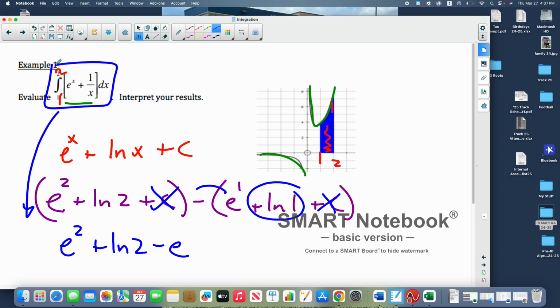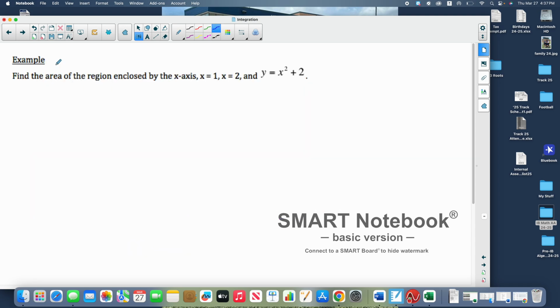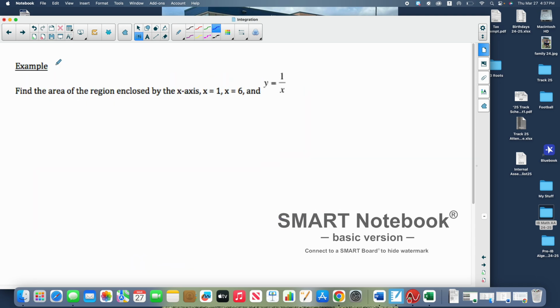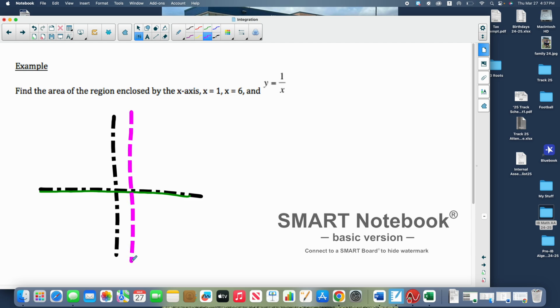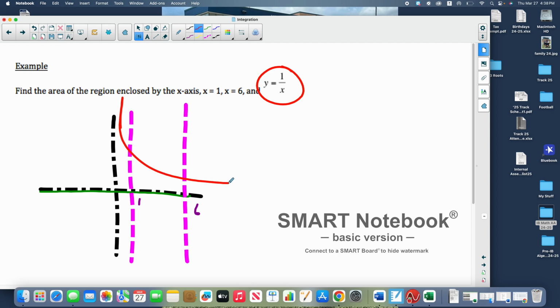Okay, I want to do one last one here. This is the last one I'm going to end on for the day. I'm going to skip that one in the middle and talk about this one. All right, on this one right here, it says find the area of the region enclosed by the x-axis. This is worded slightly different. So I'm going to enclose with the x-axis, the line x equals 1, the line x equals 6, and, not natural log, but e to the x, try again, 1 over x.